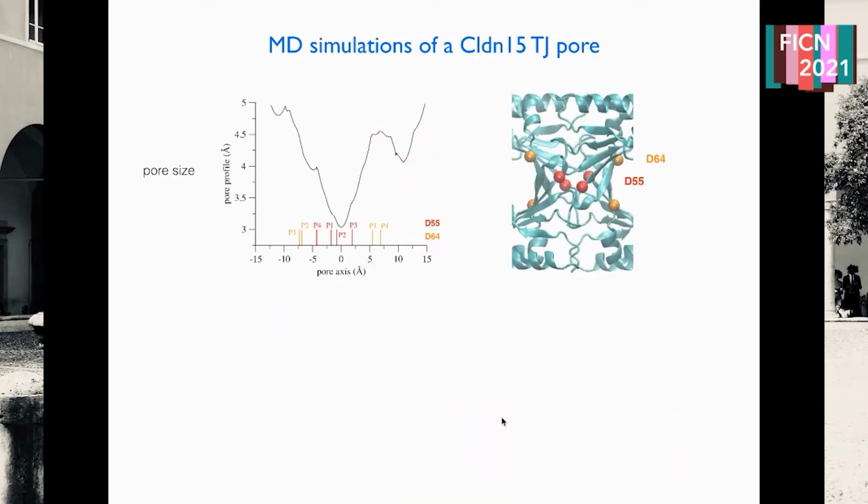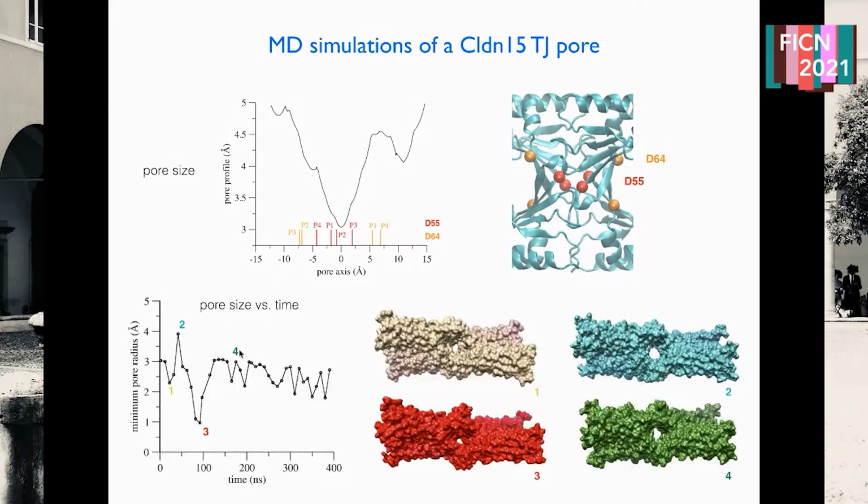If we look at the size of the pore, the maximum constriction site has a radius of about 3 angstrom, and it is at the level of the ring of aspartic acids. If we look at how this maximal constriction point, the minimal radius point, evolves along the simulation, we observe some fluctuations at the beginning of the trajectory, but then it stabilizes.